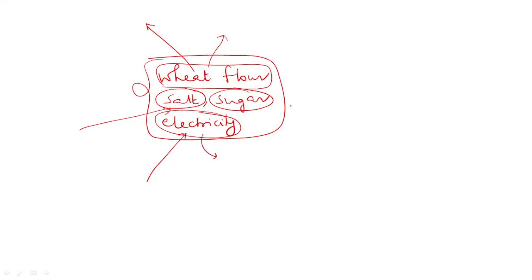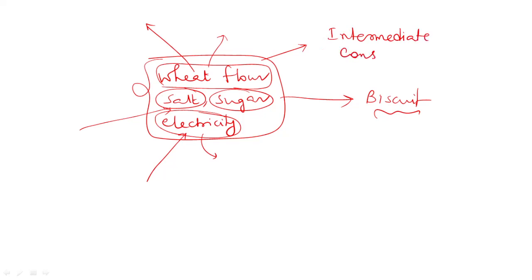But for biscuit manufacturing, these are not the final products. These are the products which are inputs being used to produce an output which is called a biscuit. So for the biscuit industry, these are inputs and such inputs are called intermediate consumption goods. Intermediate consumption goods means simply those goods which are being utilized in the production of another final good.